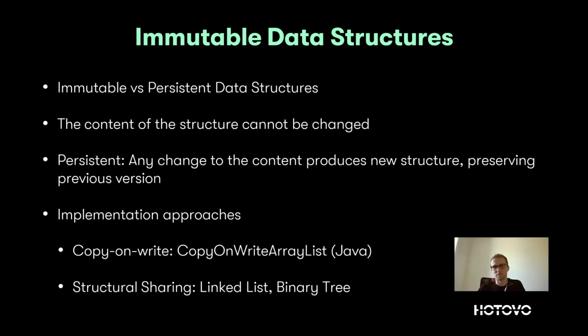So this is a purely immutable structure, where the content of the structure cannot be changed. But persistent means that the structure provides methods to alter the structure, but not by mutating it in place, but preserving the previous version and returning the new structure instead.